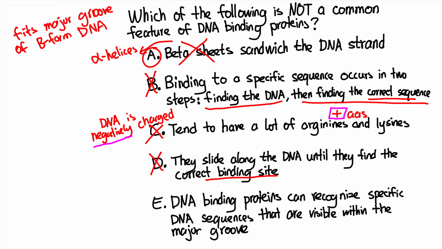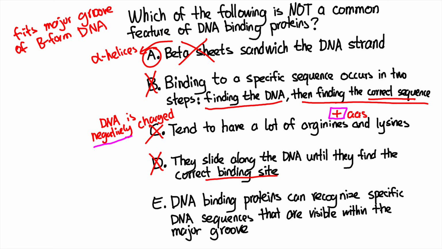Option number E, DNA binding proteins can recognize specific DNA sequences that are visible within the major groove. Well, the major groove, we know it's quite wide. It's wide enough to accommodate protein domains.